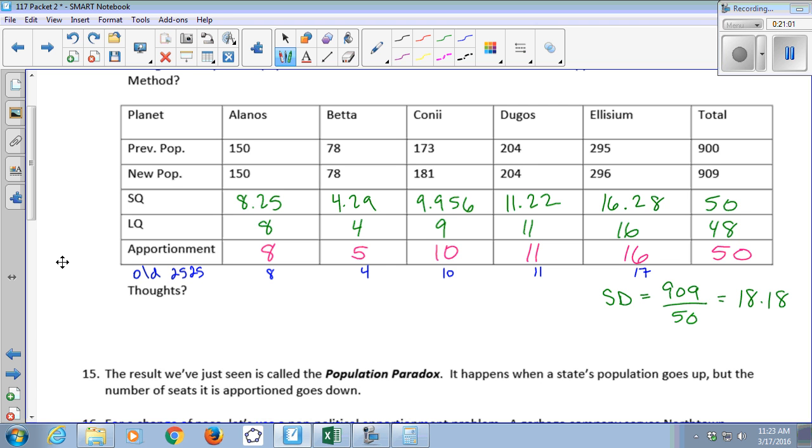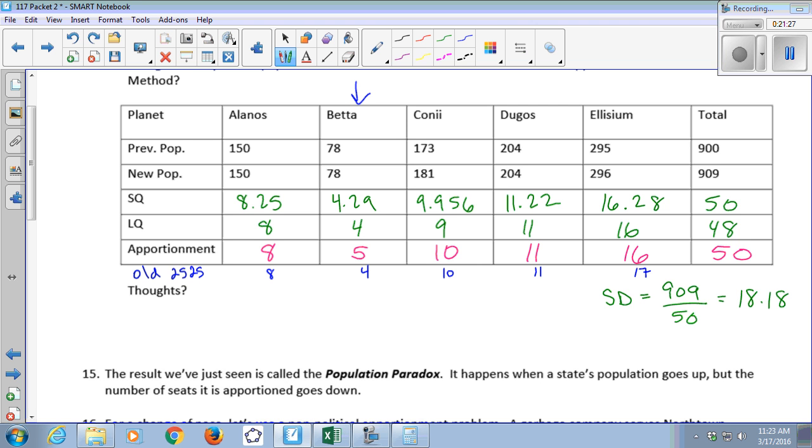All right. What do you think? Who's that? Beta and Elysium. Okay, so beta, I don't know how to say that.